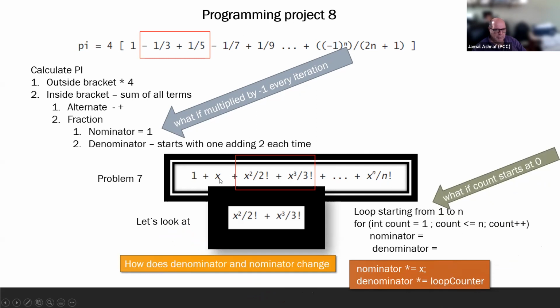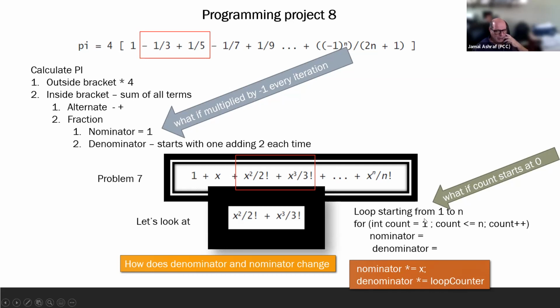So I said I'm going to start with this one. So what's going to happen if my count starts at 0? I'm trying to figure out this one over here. So if I do a 0, my denominator says denominator times loop counter. And if loop counter is 0, my denominator becomes 0. So the whole thing is going to blow because I'm going to have a division by 0.